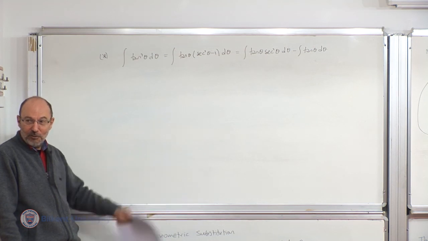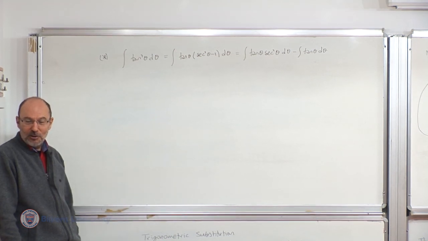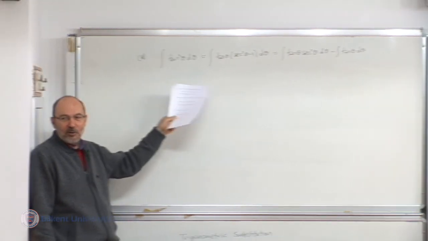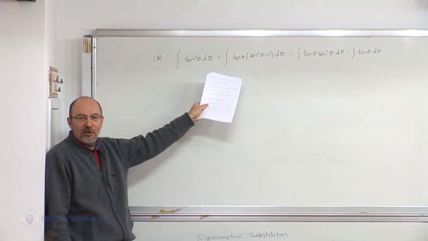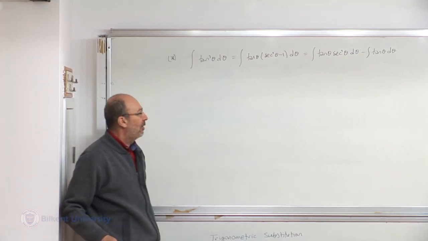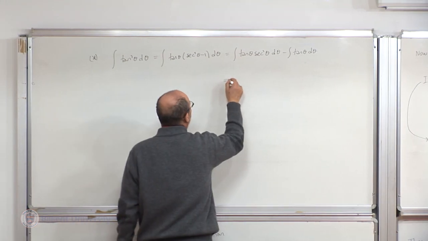You have one part of it. Tangent square, because 2 comes down, you have tangent, that tangent is there. Then by chain rule, you have secant square, so it is there.